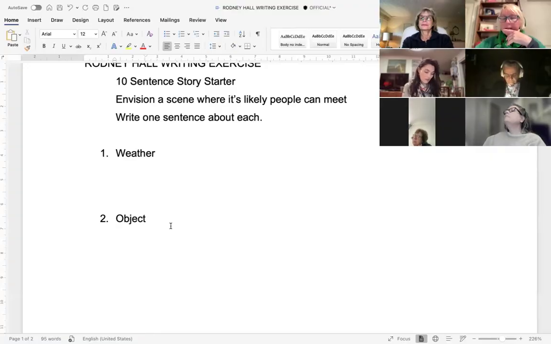So, a non-living thing. I mean, it depends if you think rocks are living. So, write just a quick description about an object, maybe tying in with your theme or helping us see the setting more.